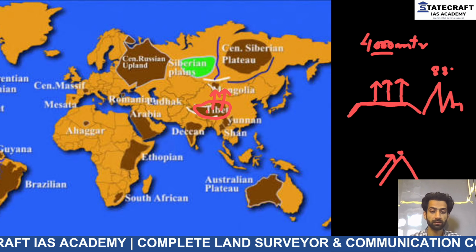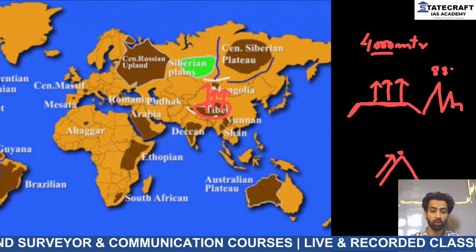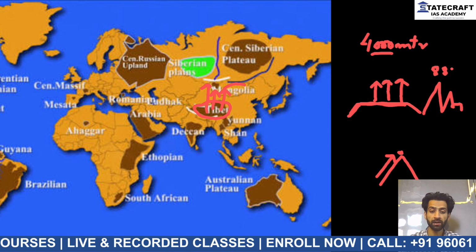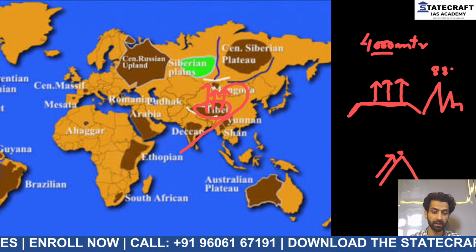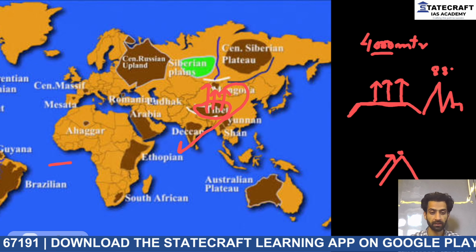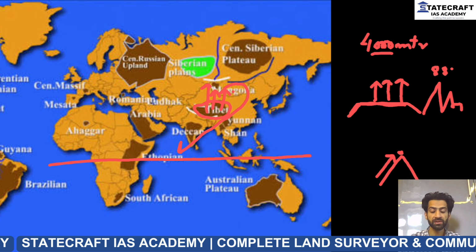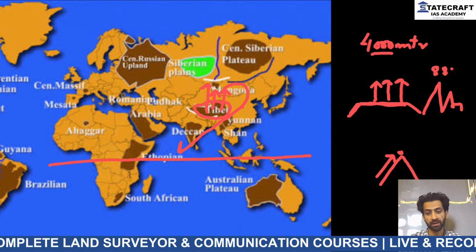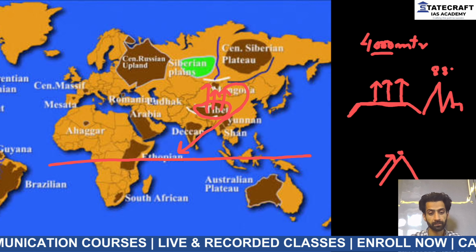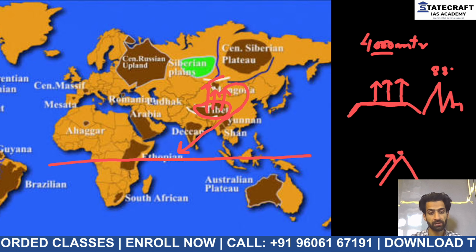Once the air will rise, what will happen is it will start to move like this over India. We have equator here. Why is the wind moving like this? Because in the northern hemisphere, it will be turned towards right. So the winds will start to move like this.